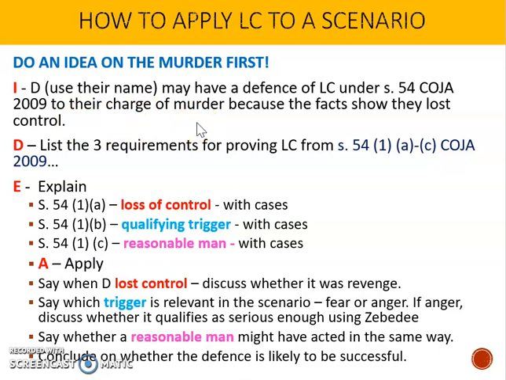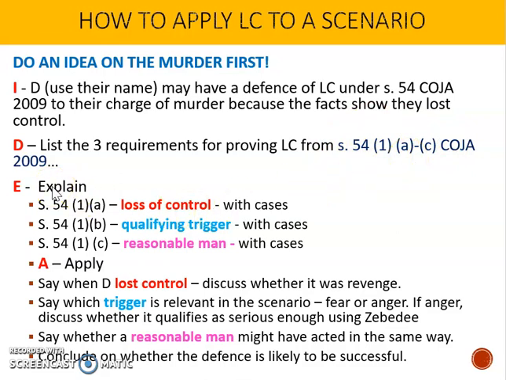Yeah, so you're pointing out to the examiner, when did she lose control? Second thing, we define the 3 requirements for loss of control. So you would list the 3 requirements here: loss of control, qualifying trigger, reasonable man might have done the same. And use your sections, because that's going to hopefully lift you into the top mark band.